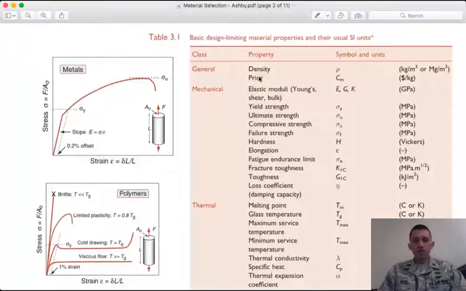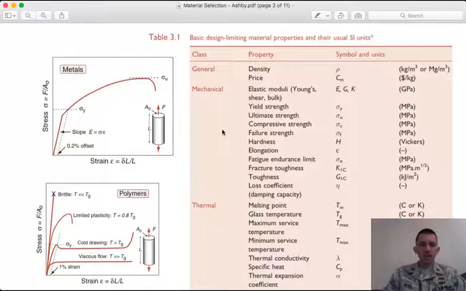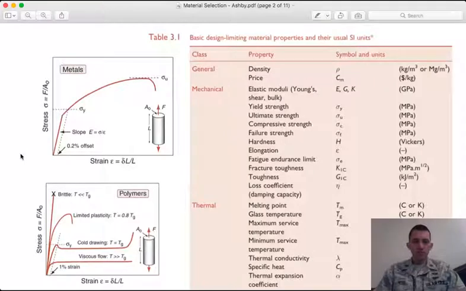We have density, we have price, right? We didn't really talk about price up to this point, but when you're making material selection, you have a price point for what you want to sell your final product at. And if you pick a really expensive material, right, then you make it harder to make a profit if that's what you're interested in, right?